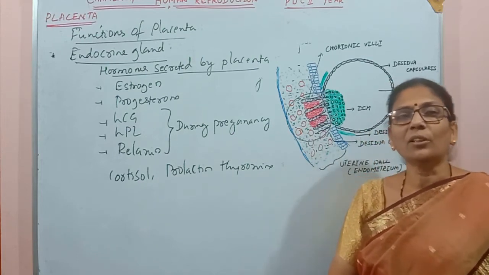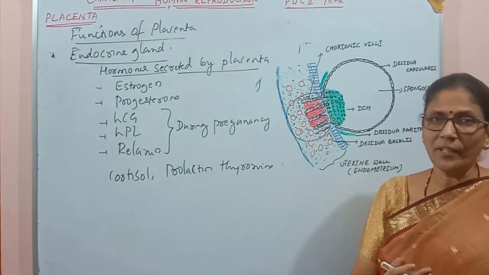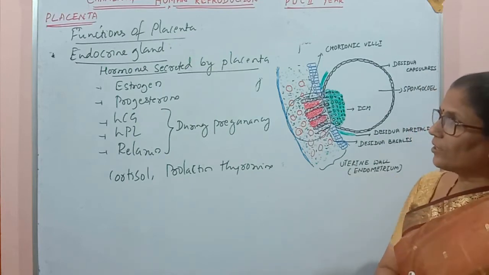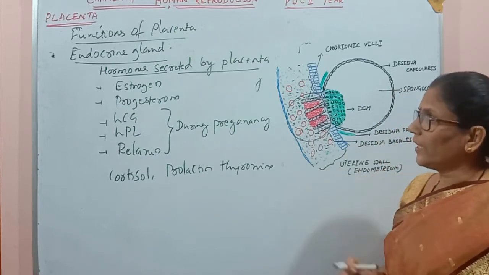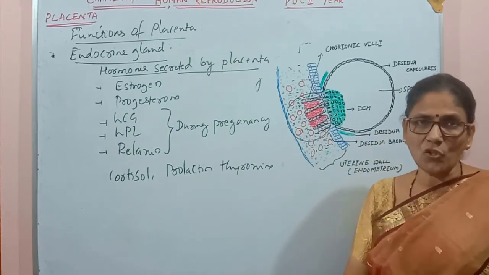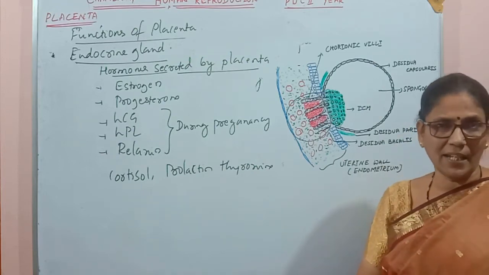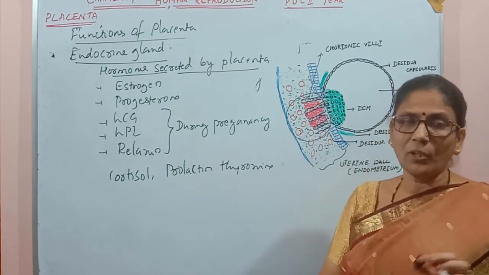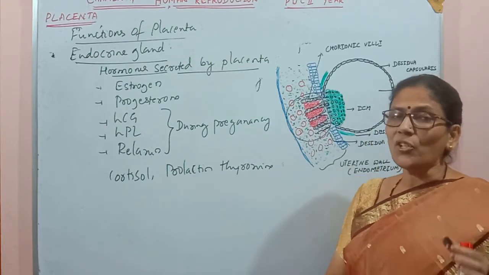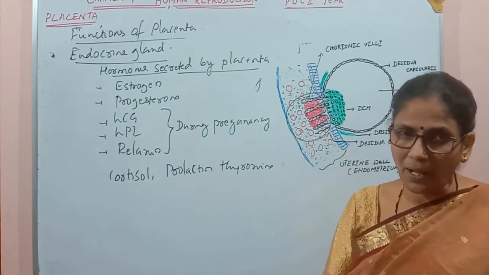So here we conclude. We have studied what is placenta, how it is formed, what are its functions. I think you understood all those things very clearly. We may get many questions in theory as well as in NEET and CET exams. In theory, we will get only the definition of placenta, the functions of placenta, and naming the hormones which are secreted by placenta.